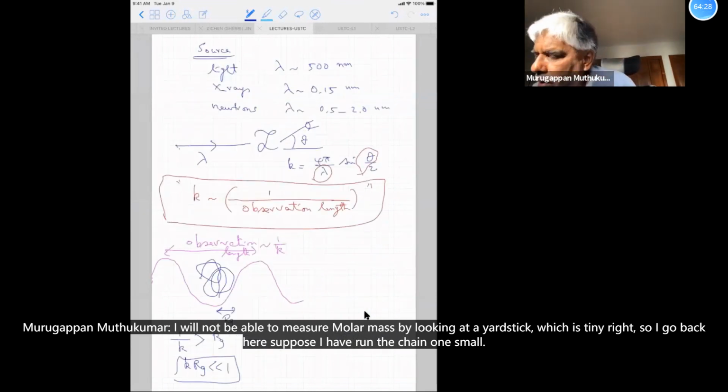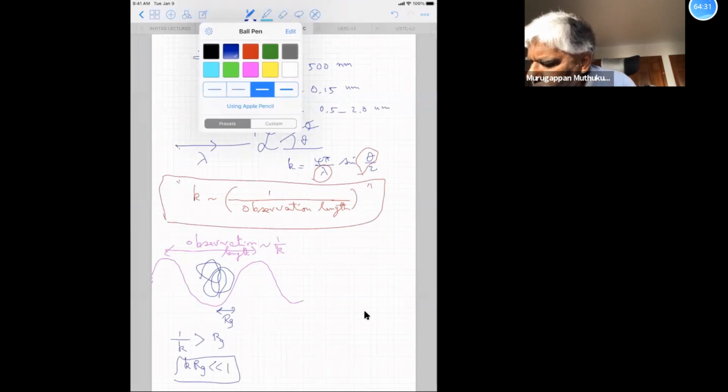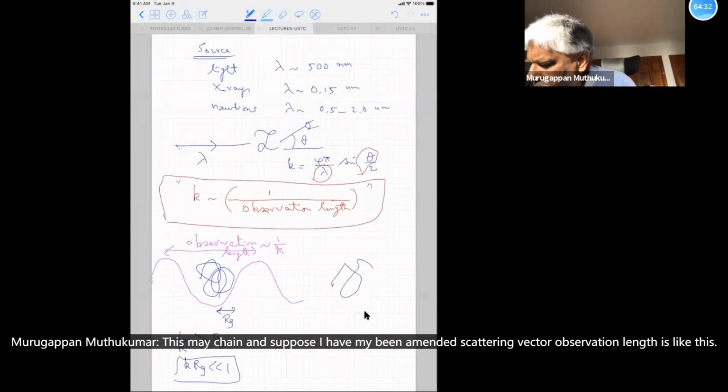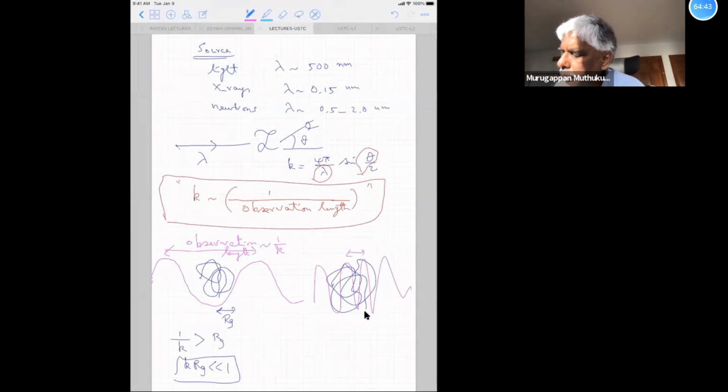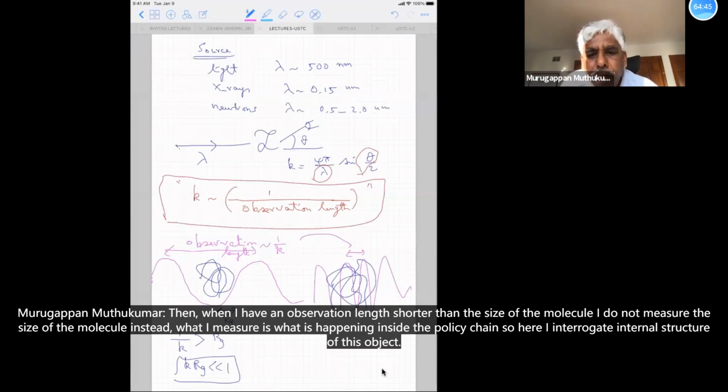Suppose I draw the chain once more. This is my chain, and suppose I have my beam, my scattering wave vector, and the observation length is like this. When I have an observation length shorter than the size of the molecule, I do not measure the size of the molecule.